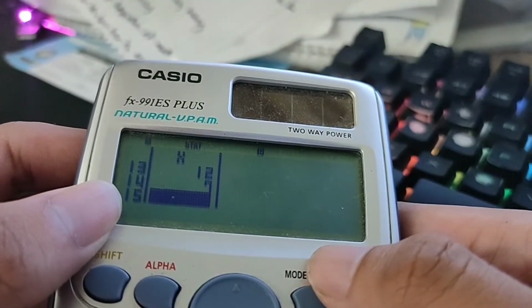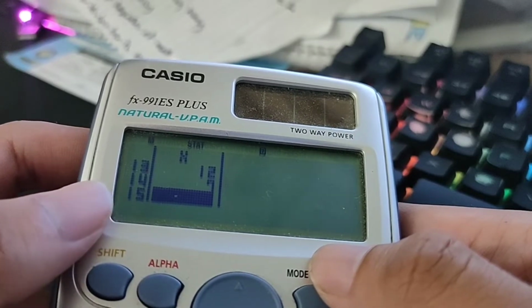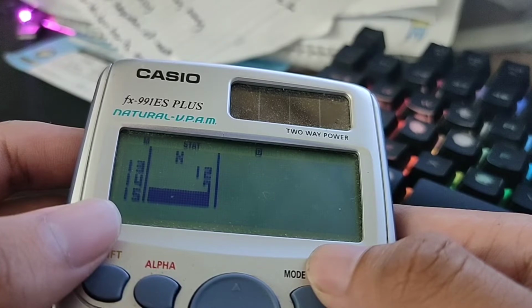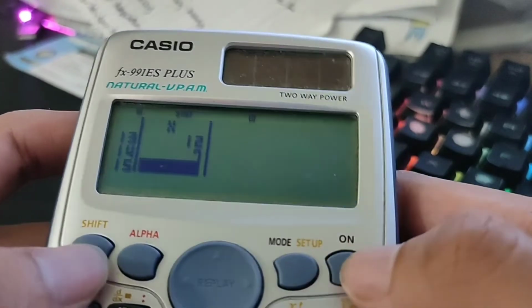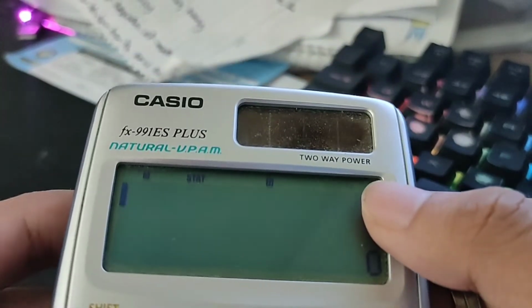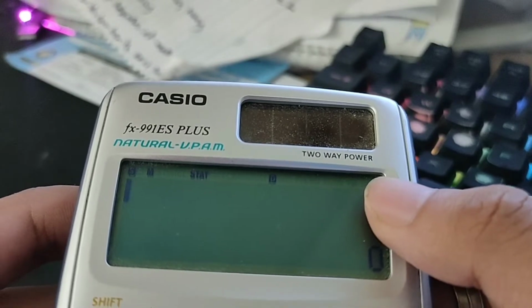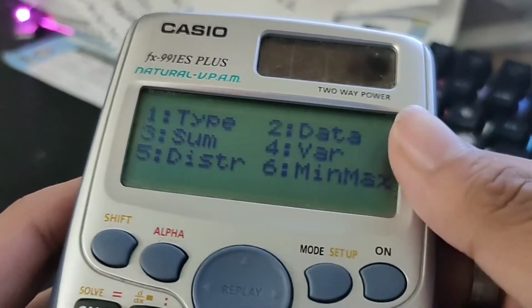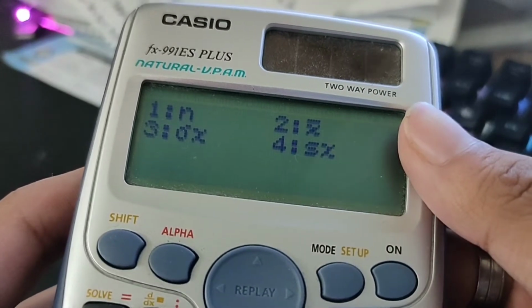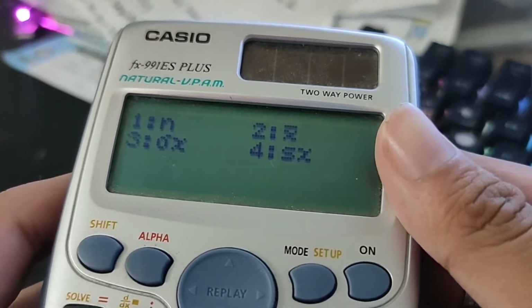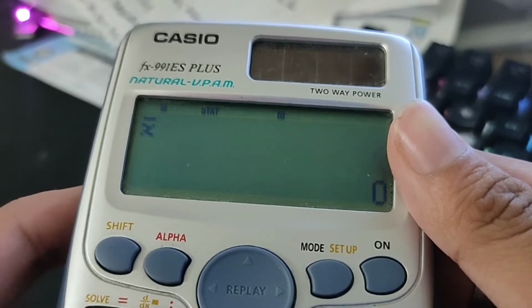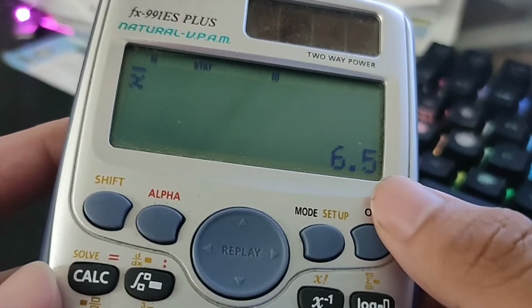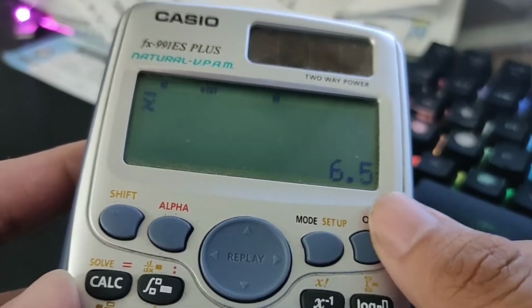Next is to press AC again, and then shift, and then stat, and then var, and then sample mean, and then equal sign. This will be our sample mean, 6.5.